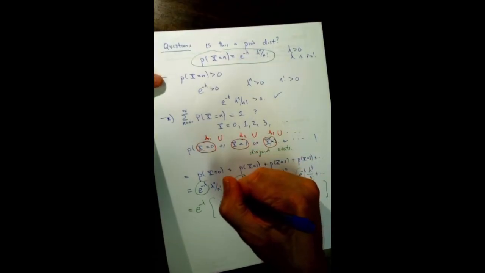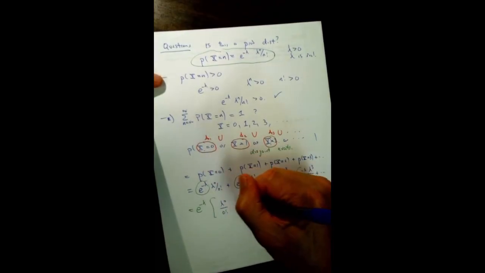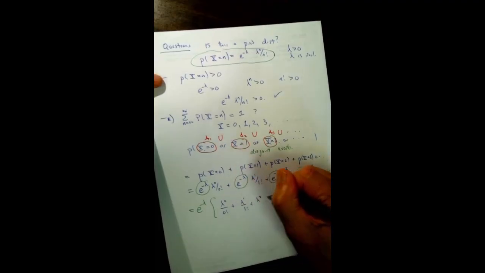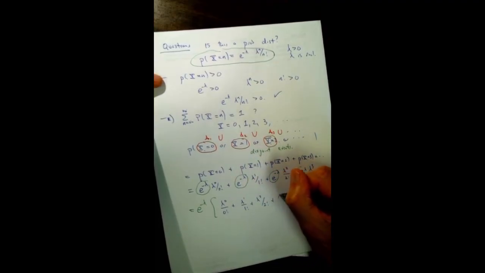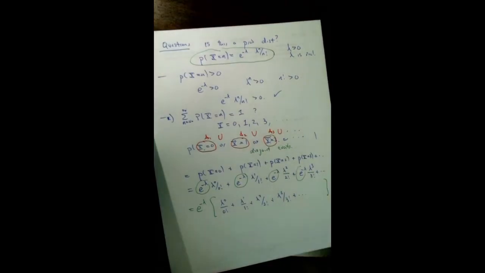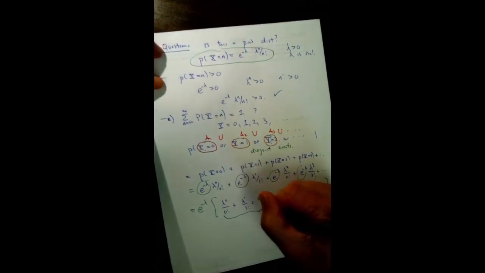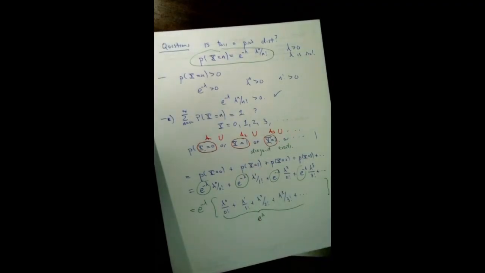And I'm going to be left with lambda to the 0 over 0 factorial, plus lambda to the 1 over 1 factorial, plus lambda squared over 2 factorial, lambda cubed over 3 factorial, on and on and on. And you should recognize this from Calc 2. That is the Taylor expansion for e to the lambda.